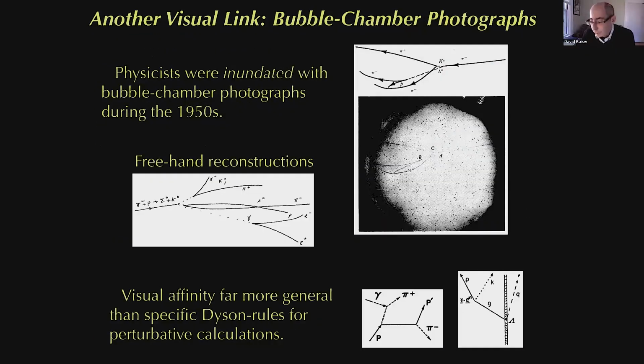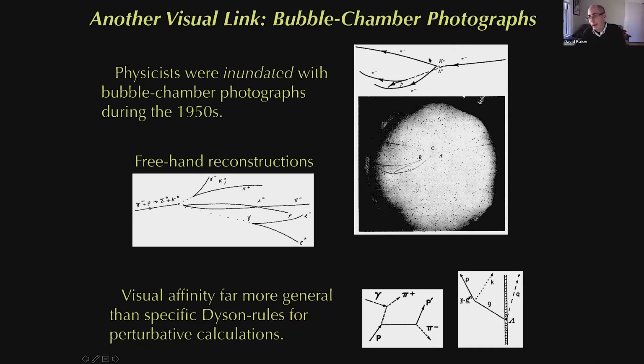There was another visual feature in which these physicists were immersed at the time, and that comes from this explosion of the very large and rapid production of particle accelerators after the war, funded by the Atomic Energy Commission, where many, many universities like MIT had their own local atom smasher. So what became common was to draw these freehand reconstructions based on the bubble chamber photographs.